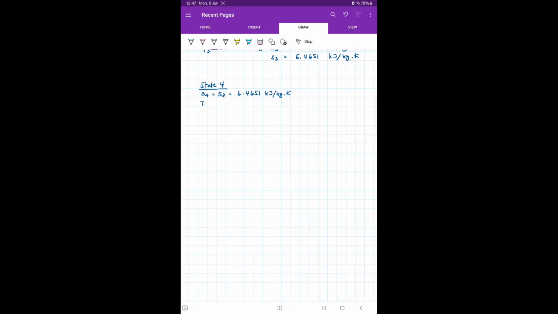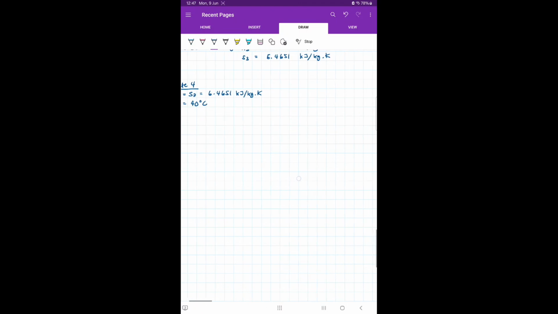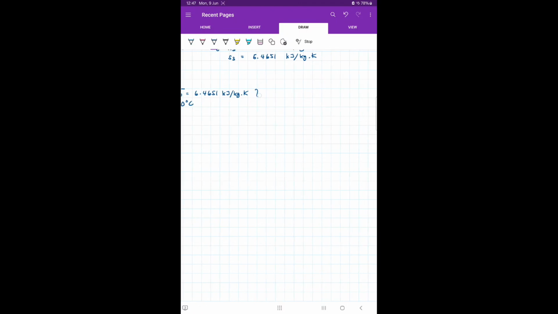Then our temperature at the condenser remains 40 degrees Celsius. We have the temperature table, so we refer to table A4.